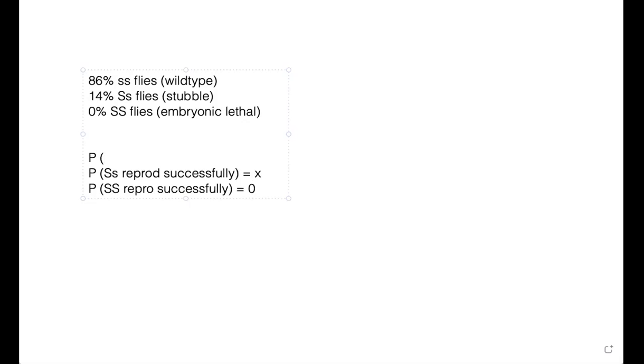What's the probability of a wild type fly reproducing successfully?